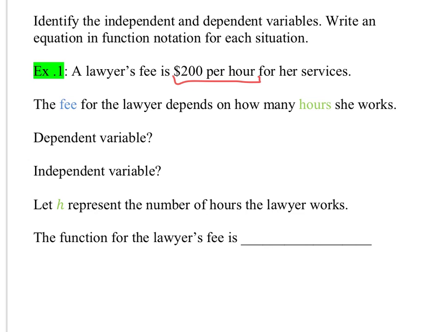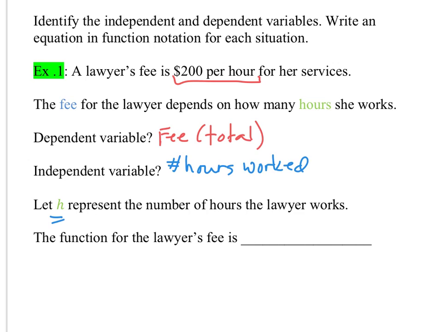So however many hours she works will drive what her fee is. So the fee is dependent. The dependent variable is the total fee, whereas the independent variable is the number of hours worked.